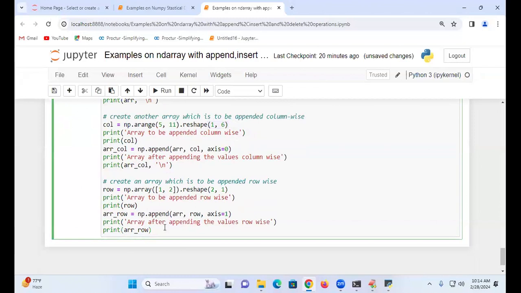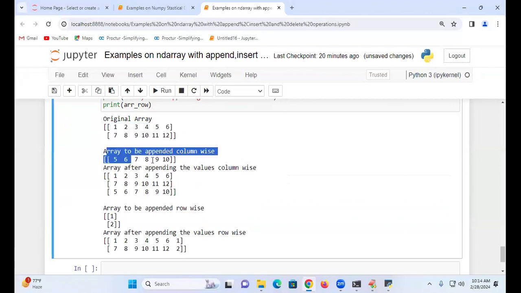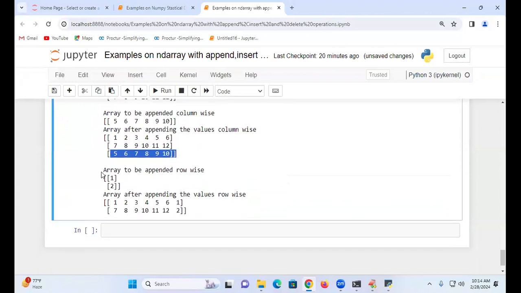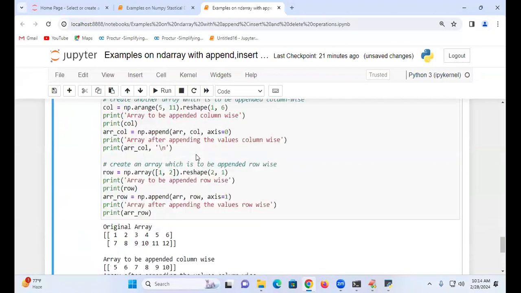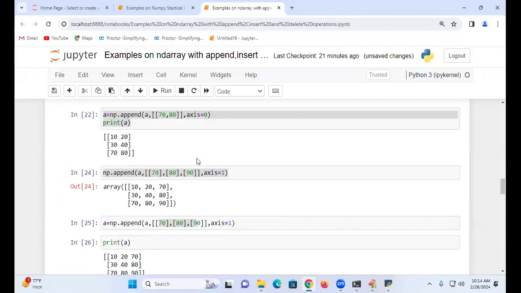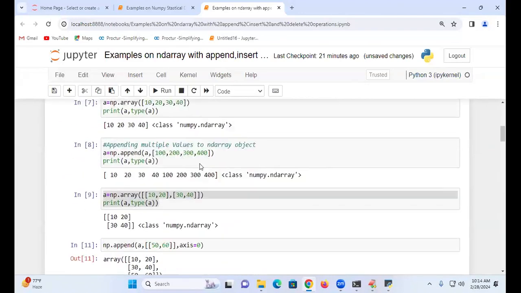And if you come to this place, original array, and this is a column, we think of it as a row, and that is going to be appended at last. This is your row wise, but where we think it is a column, that is appended here. This is appending in the column format. This is appending in the row format. I hope you are getting it. So this is as good as similar to our example which we have taken in the form of the matrix. Okay, now shall we move forward?